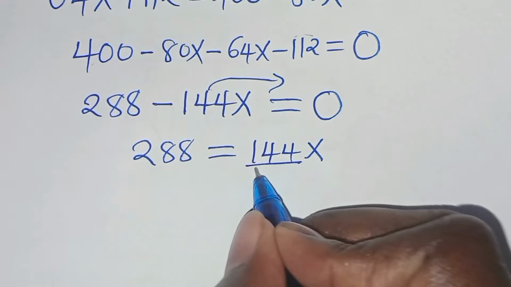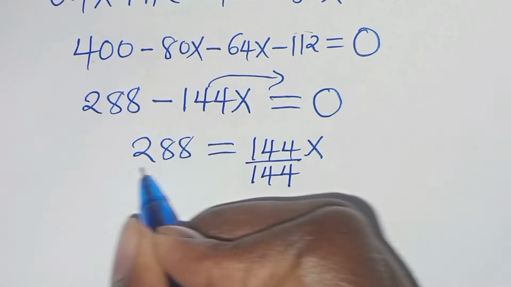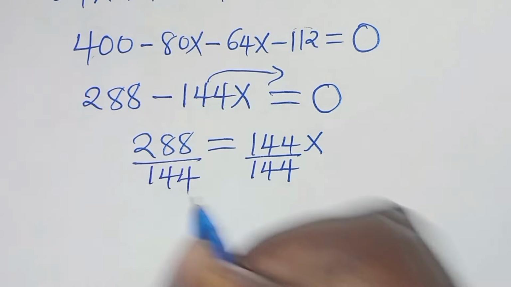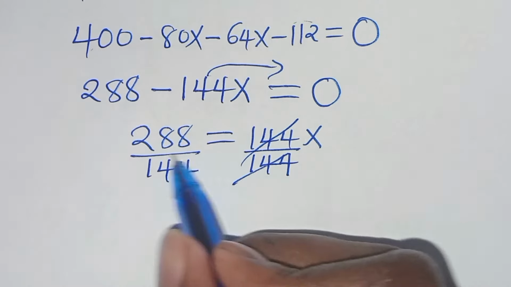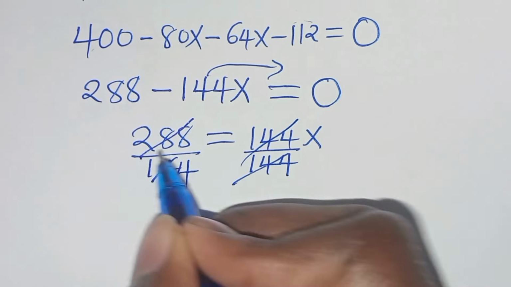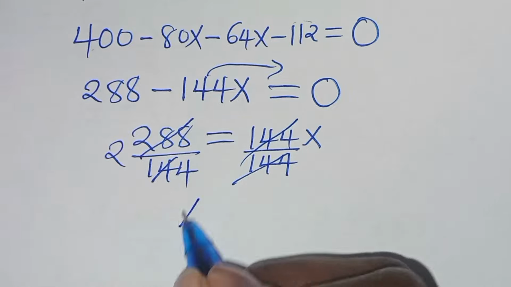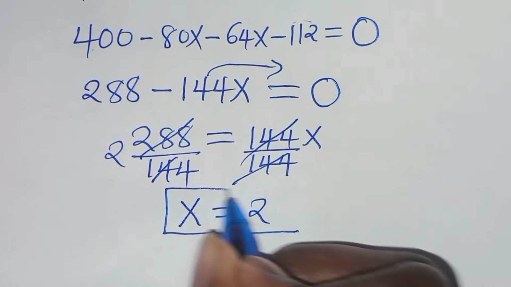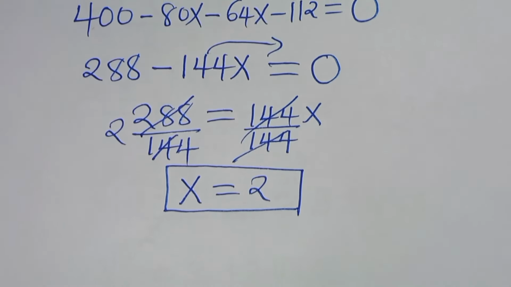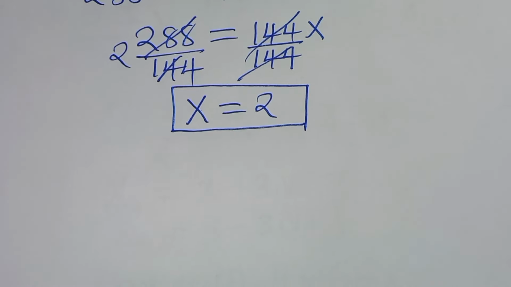So let's divide both sides by 144 and also here 144, so that now 288 divided by 144, this is the same thing as 2. So x is equal to 2. The next step from here is to verify.